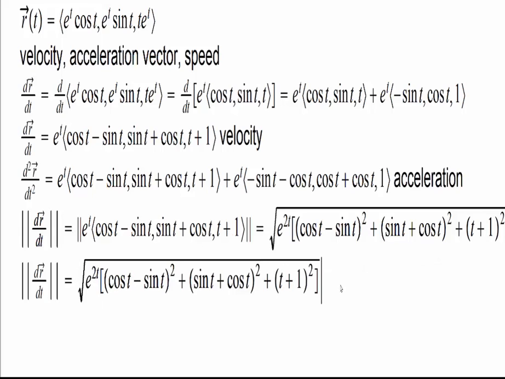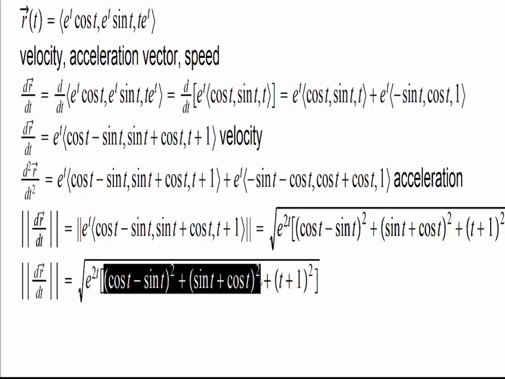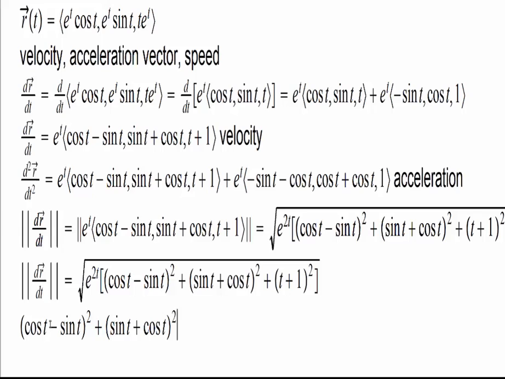Very good. So notice this here, cosine t, this quantity will become what? I'm reviewing trigonometry here. We are doing multivariable calculus, but we are just doing it in two simpler ways.